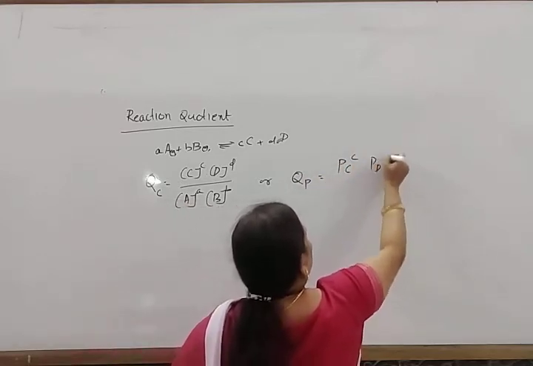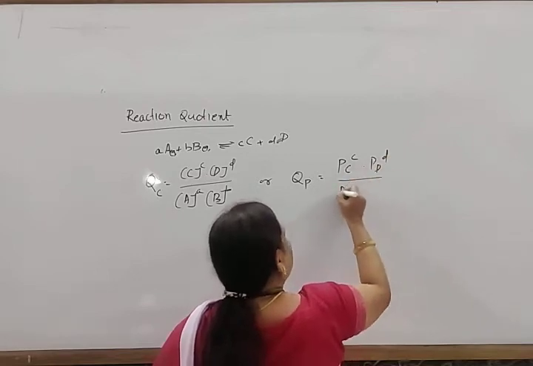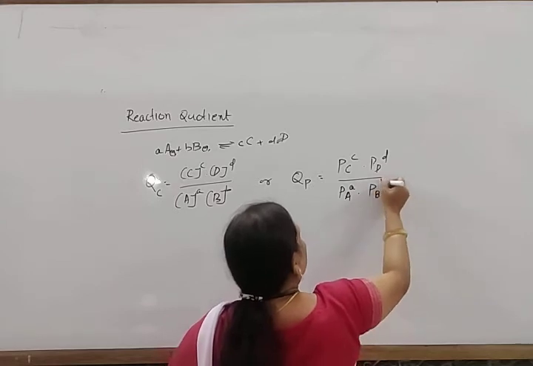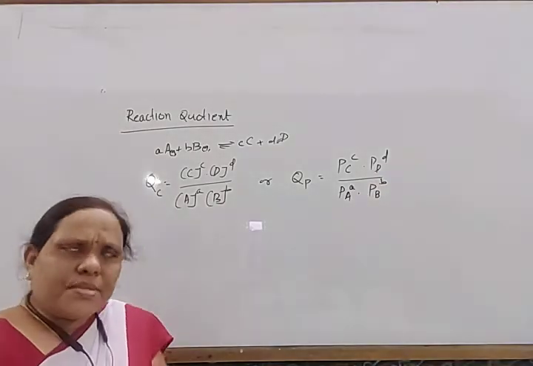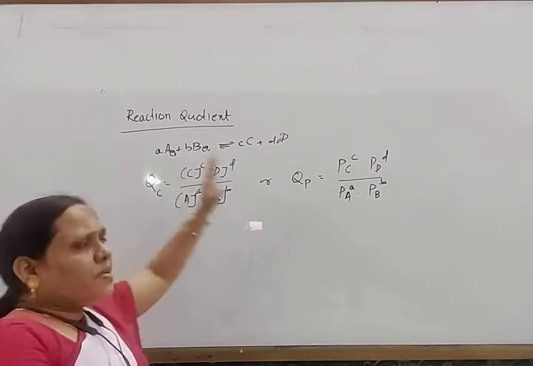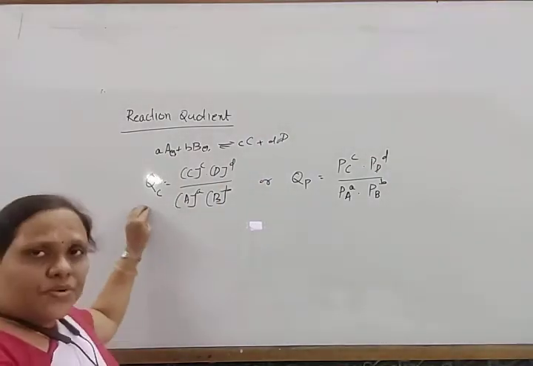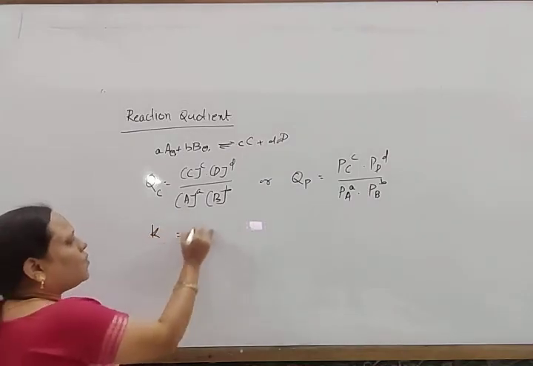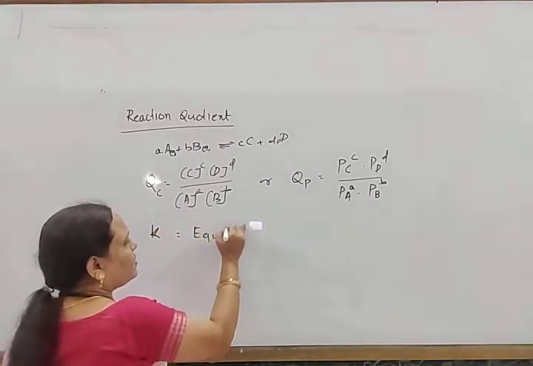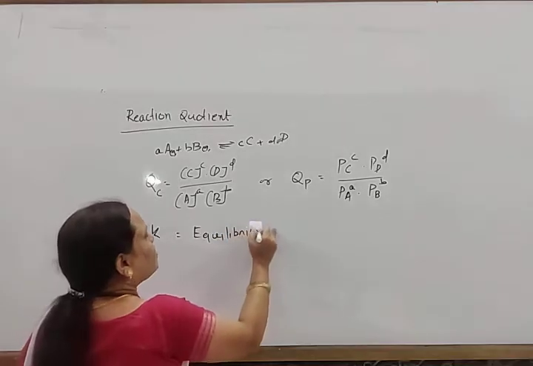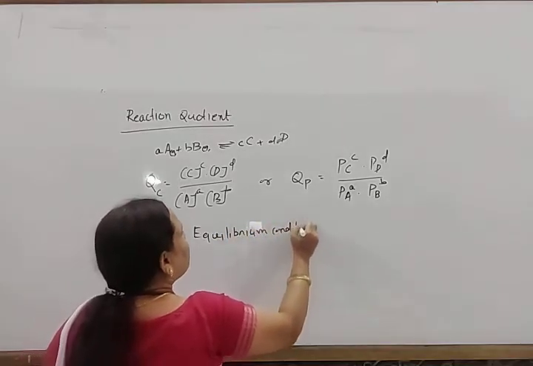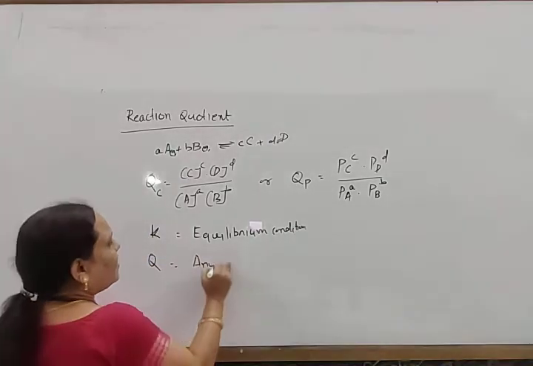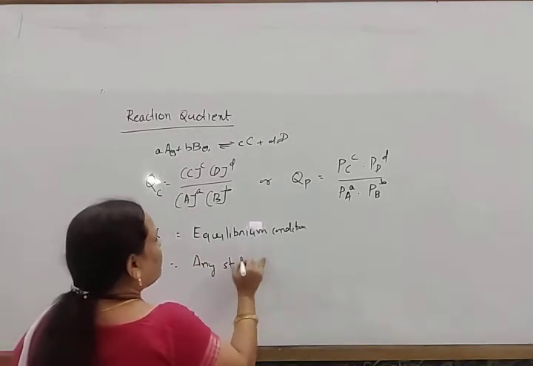So PD to the power d over PA to the power a and PB to the power b. There are similarities between the equilibrium constant and the reaction quotient, but the difference is that the equilibrium constant K is determined only at equilibrium condition, but Q is represented at any stage of the reaction.